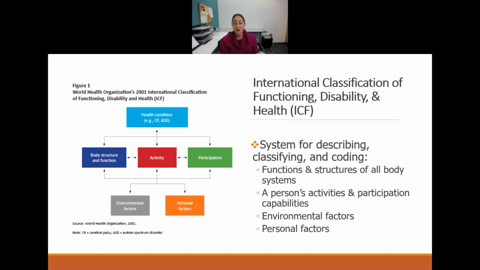So this can help you if you're saying, okay, they came in with a torn biceps tendon and here's my goals, but you forget to look at what activities they are limited from doing, what participation restrictions they have. They're not able to return to work, or they're not able to play this game with their grandkids, or whatever's important to them that they're now not able to do because of that torn biceps tendon.